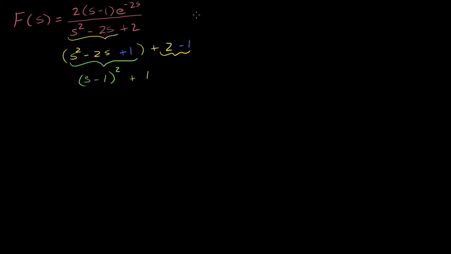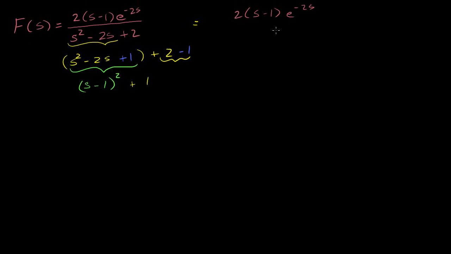So I can rewrite my entire expression now as 2 times e to the minus 2s, all of that over s minus 1 squared plus 1. So a couple of interesting things are starting to happen here.